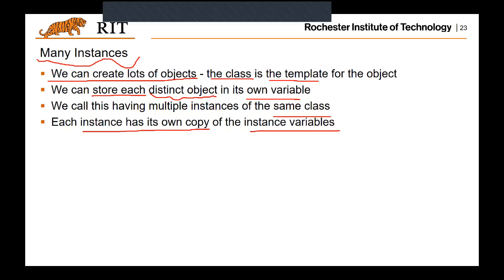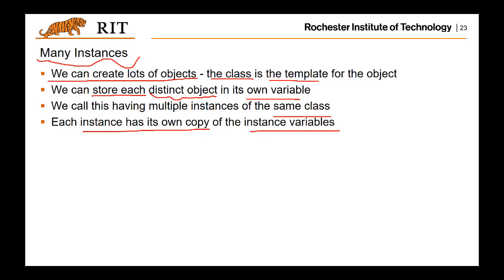They're all dogs. They all have eyes and paws, but Lacey has her own eyes and paws, and Bob has his own, right? So they have their own copies of these instance variables, and that's the way you understand it.